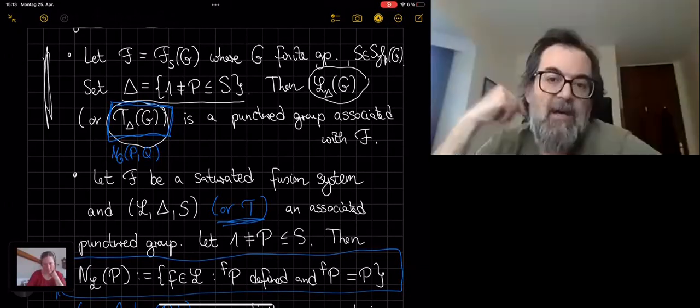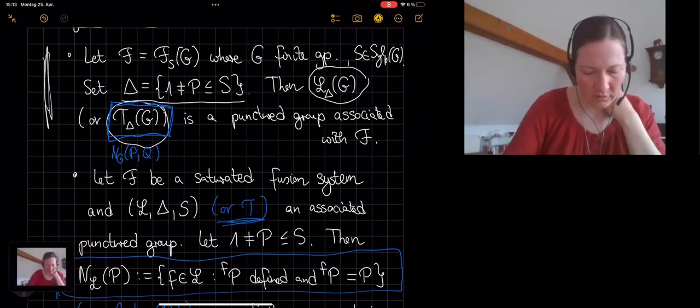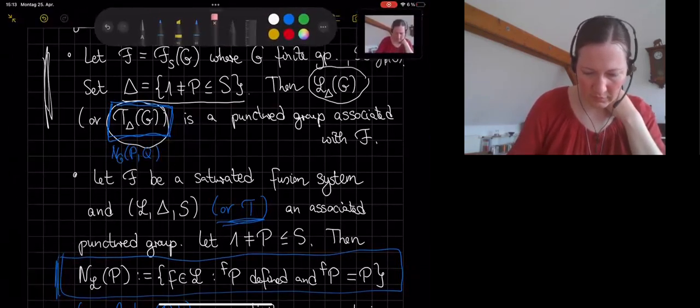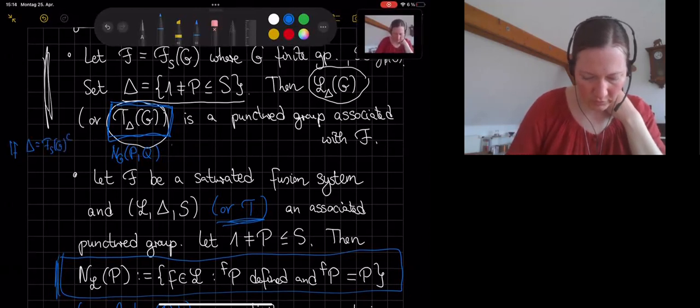And for L delta of G? If this delta is the set of F-centric subgroups, then I could, of course, also quotient something out.